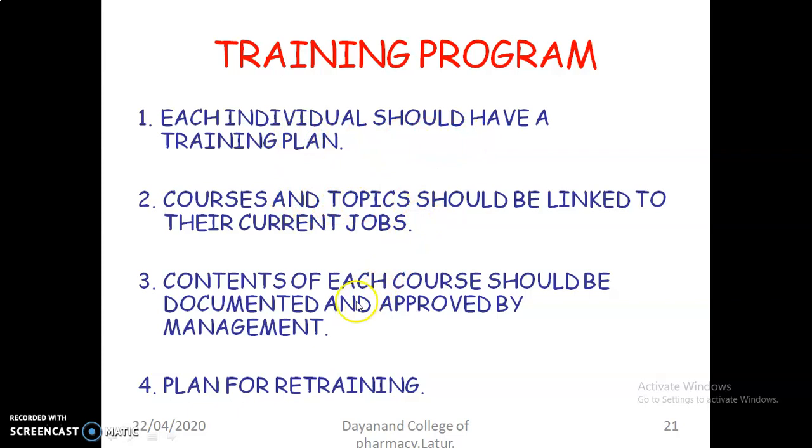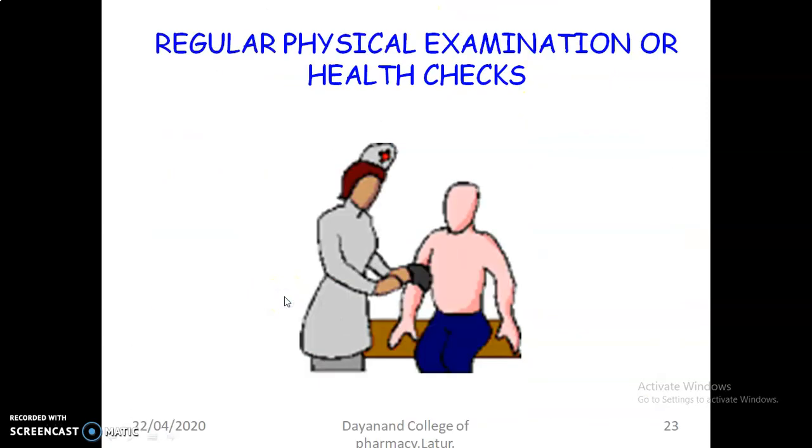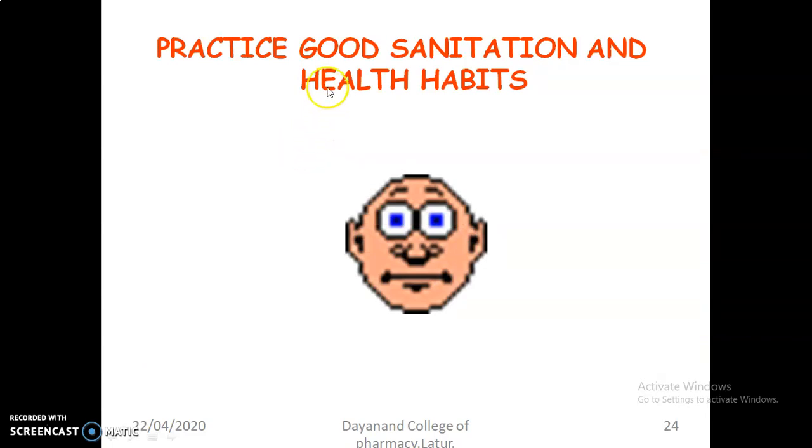Courses and topics should be planned, with the contents and plan for your training. Every individual must read the company manual, which has the policies and norms for improvement of your organization. Regular physical examination and health checks should be done periodically to avoid any cross-contamination of the products. So that is most important.